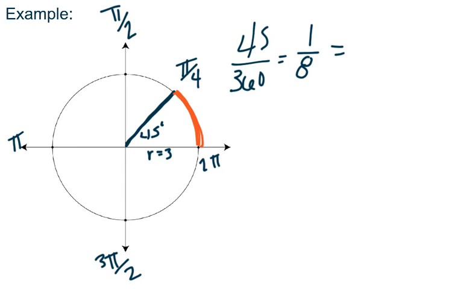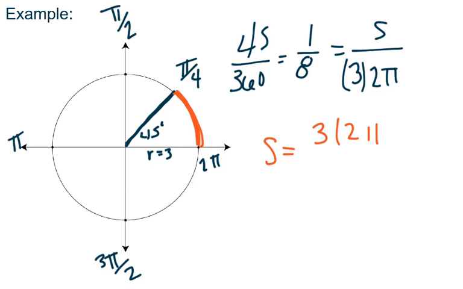And that's going to equal whatever my arc length is over 3, because that's my radius, times 2 pi. So when I solve for s here, I get that s equals 3 times 2 pi over 8.